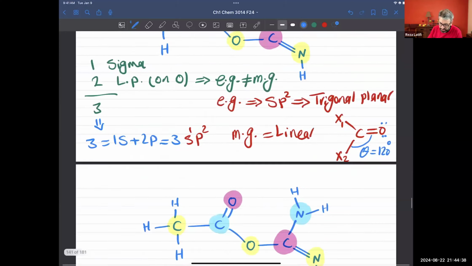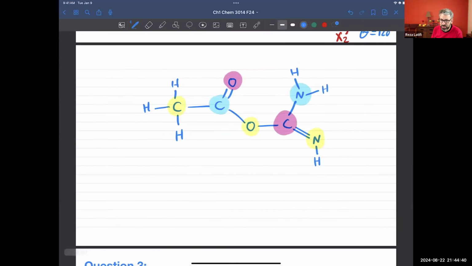Next, oxygen. Next, oxygen is not octeted. Again, draw a circle around it. You're going to show 2 lone pairs on oxygen. Now, 2 sigma. This is the first sigma, and that's the second sigma.